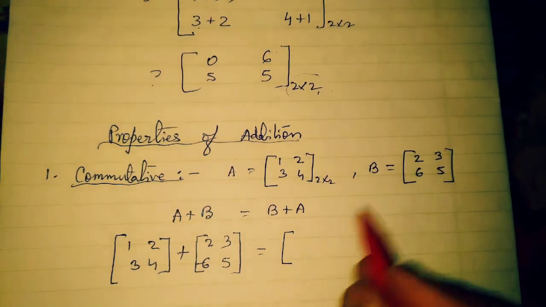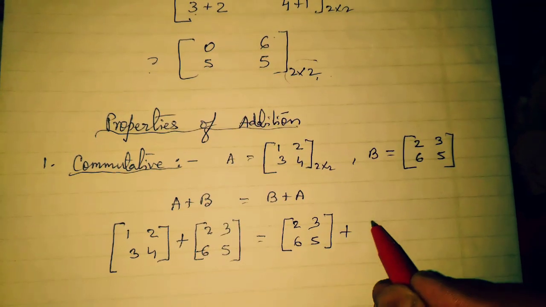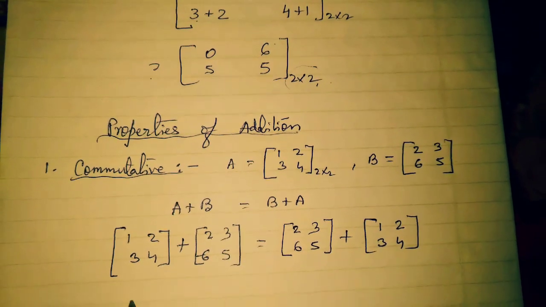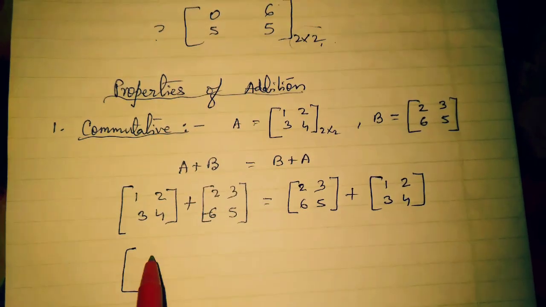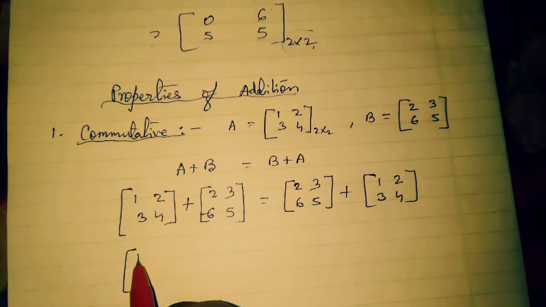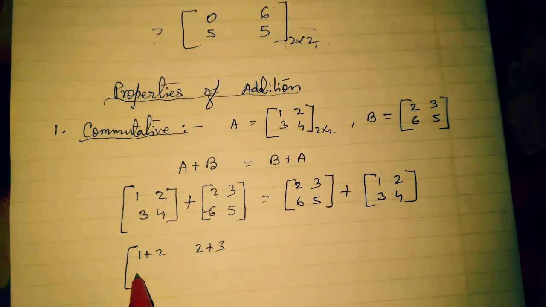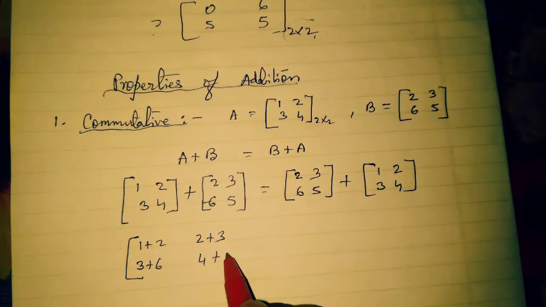We'll check it. That is 2, 3, 6, 5 plus 1, 2, 3, 4. If we add, we know the ith row and jth column elements add, so you will get 1 plus 2, 2 plus 3, 3 plus 6, 4 plus 5.